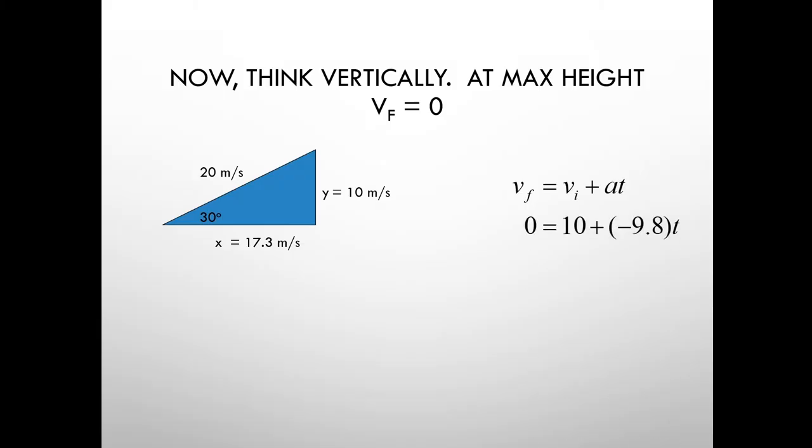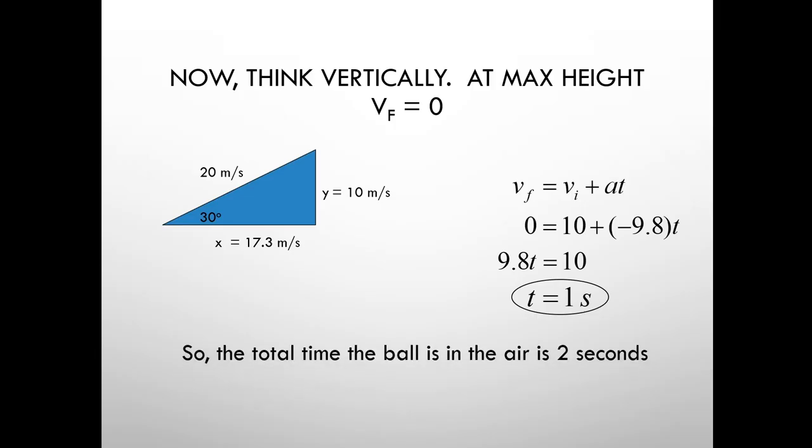Again, thinking strictly vertically, we know the final velocity will be 0, and the initial velocity is 10 meters per second because we're only thinking about the vertical part, we're only thinking about y. Acceleration would be due to gravity, and it's slowing down the ball, so it would be negative 9.8, and we can calculate for t. So we'll find that t is 1 second. Now again, this is only the portion of the example where the ball goes up, so doubling that for time coming down, the total time the ball is in the air is 2 seconds.